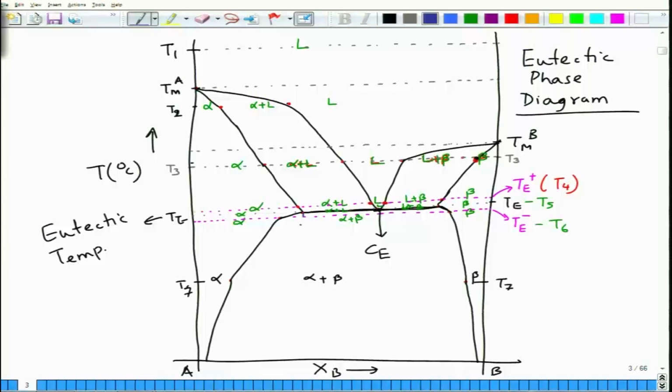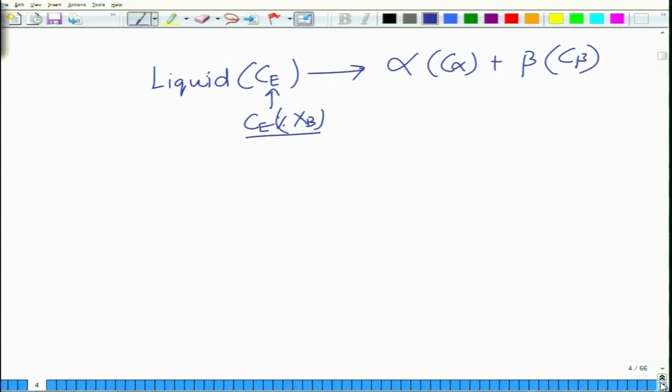So this is C alpha, and this is C beta, and this is CE. This is at this temperature. I will tell you later how the microstructure evolves. So this is on cooling.